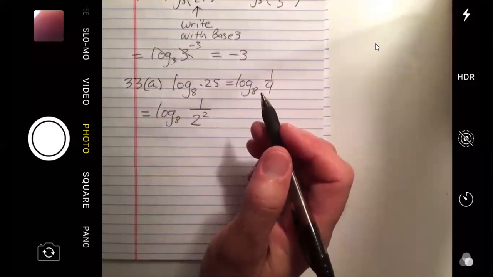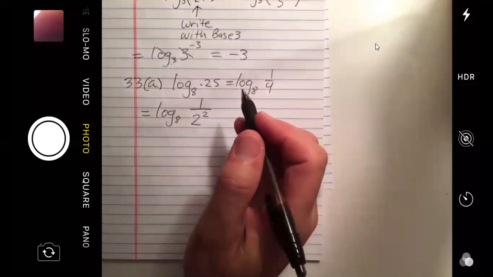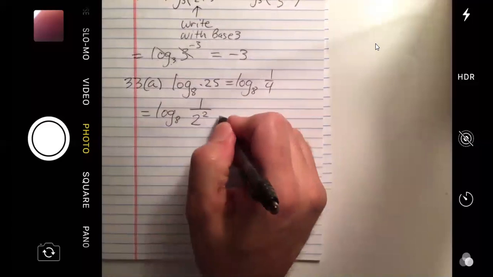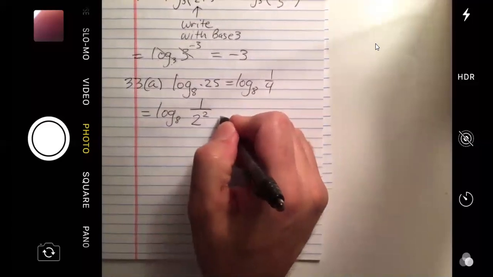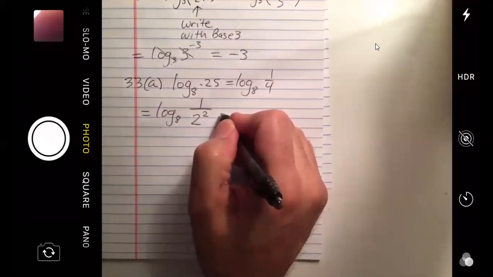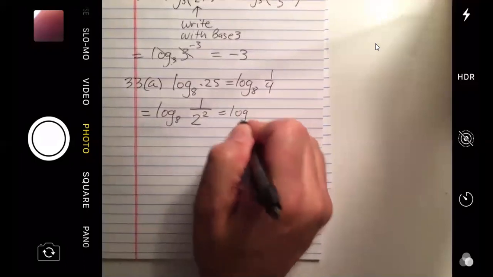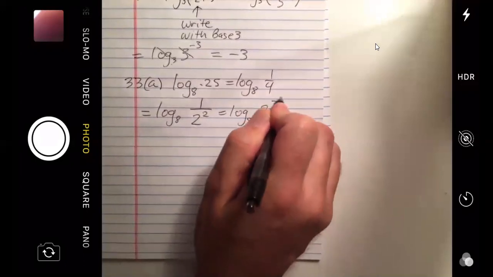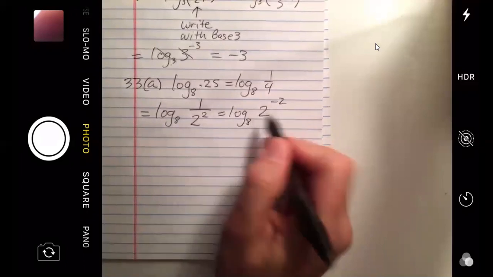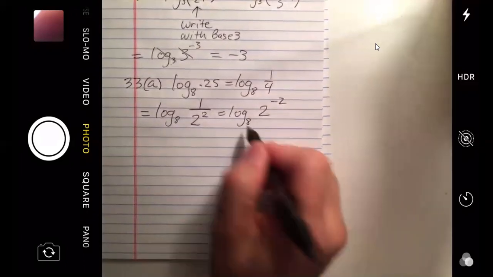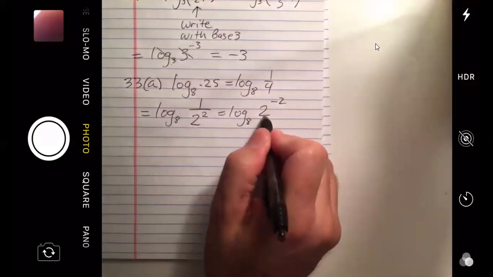God, this comes up every semester. 2 squared. Okay, let's see. Log base 8, I can switch it to 2 to the -2, but I don't have what I want. The base 8 doesn't match the base 2.